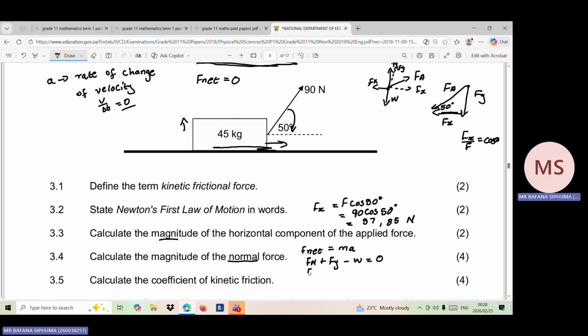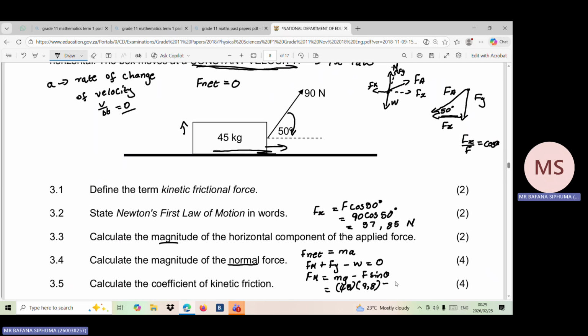Here I have Fn equal to mg, I changed weight, minus F sine theta, which equals 0.45 into 9.8, then minus 0.90 sine of 50 degrees.